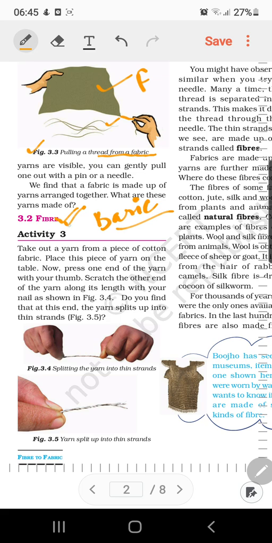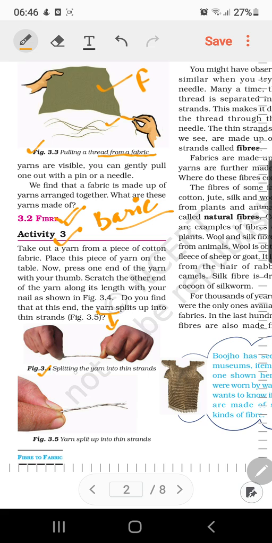Whether the fiber comes from a natural resource or from synthetic origin, it will ultimately be converted into yarn, and then these yarns are weaved together to form the fabric.